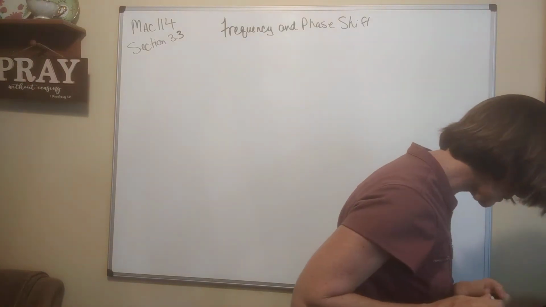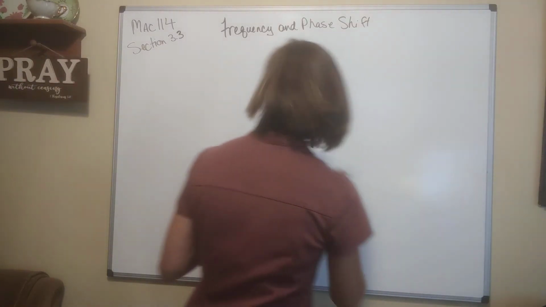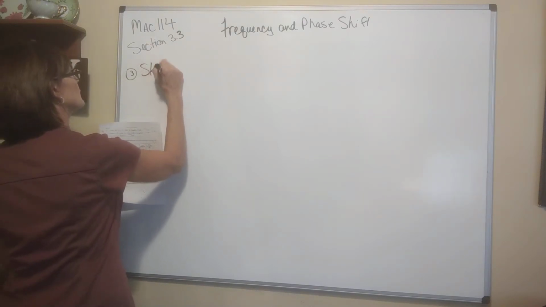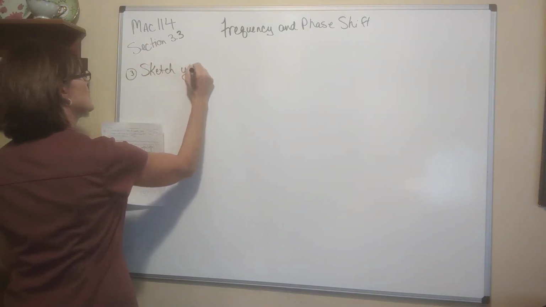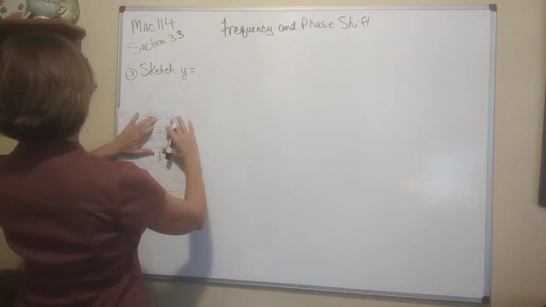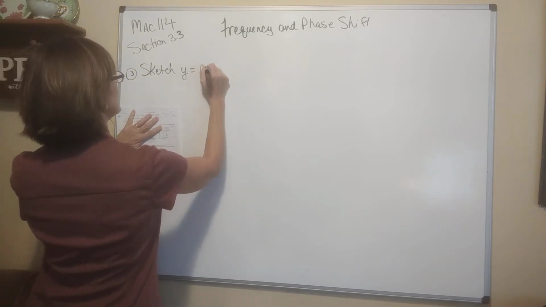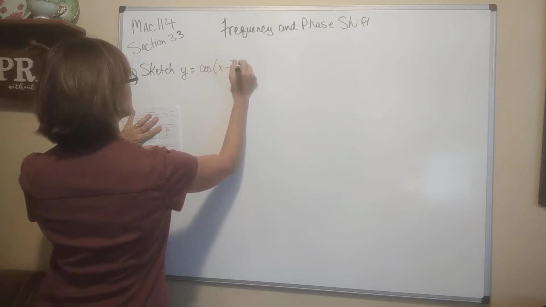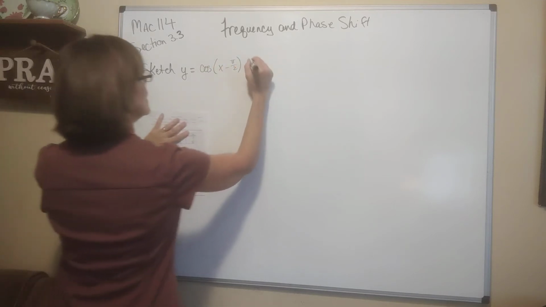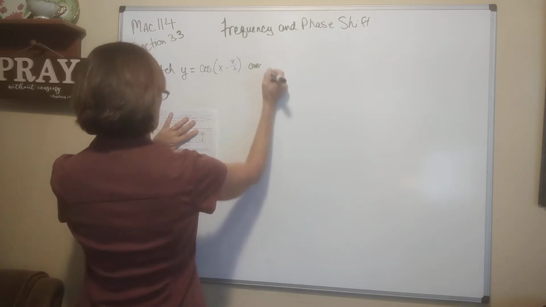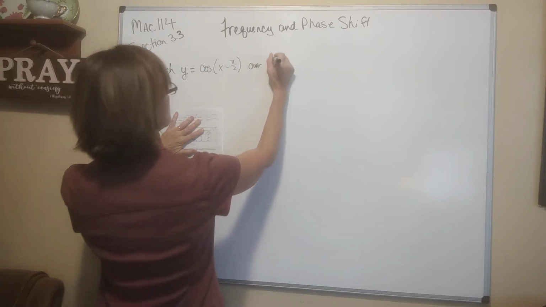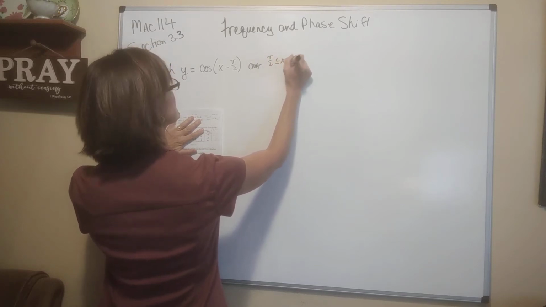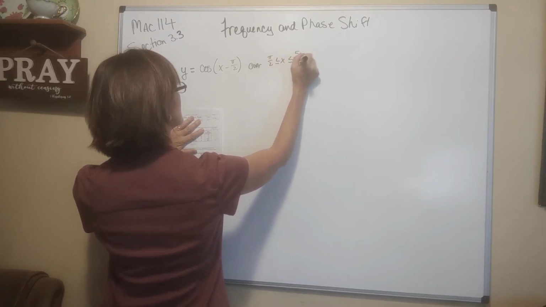Number 3 goes like this. We're going to sketch y equals 2 cosine of x minus pi over 2 over this interval: pi over 2 is less than or equal to x is less than or equal to 5 pi over 2.